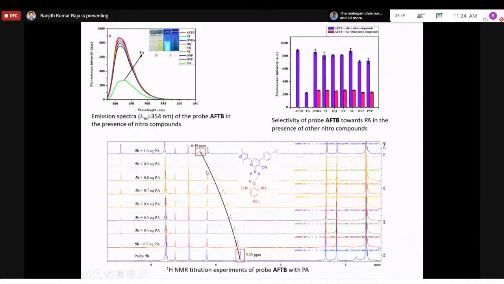So we confirmed that hydrogen bonding is involved and a kind of picrate is formed, which inhibits the ICT, and the fluorescence is quenched. In this case there is more than a 1 ppm shift of the amine signal. Similarly, we proposed the mechanism for the previous examples, the compounds which detected picric acid.